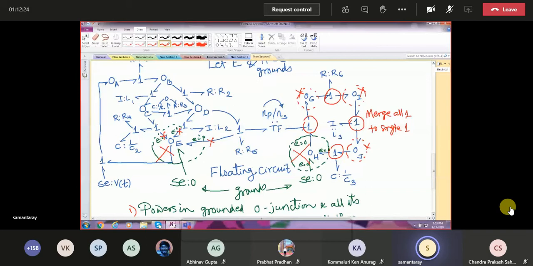This is already gone. So this 1 junction has how many bonds? Now 2 bonds. This one will be removed. This has only 2 bonds. This will be removed. Alright? So we will reorganize this picture into a very nice picture.